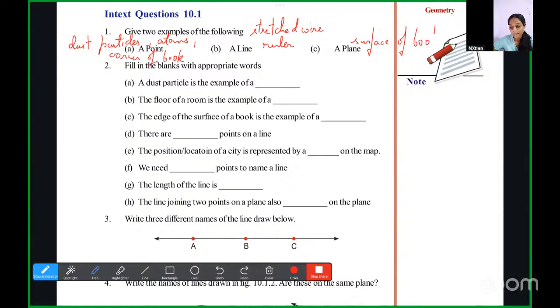A tracking pad. On the computer, you have this pad where you control the mouse, ma'am. It's called a tracking pad, and it's a plane. Yes, it is. Sometimes a table. Yes, a table.